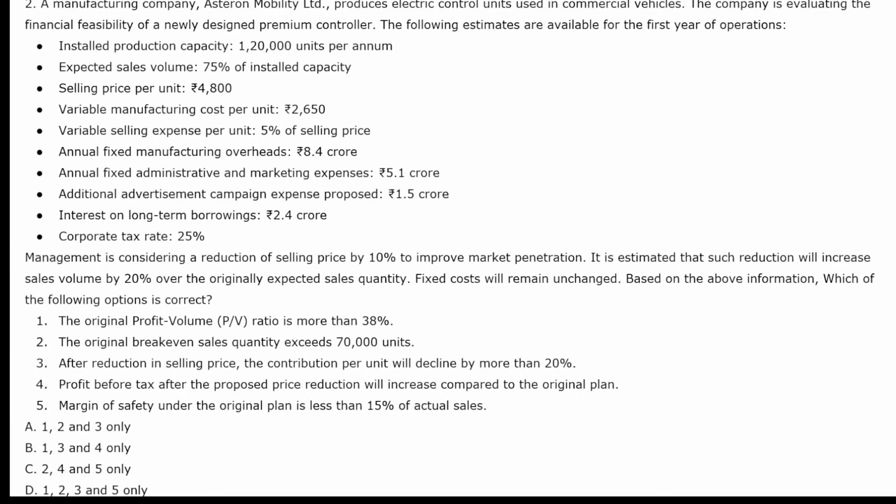A manufacturing company produces electric control units used in commercial vehicles. The company is evaluating the financial feasibility of a newly designed premium controller. The following estimates are available for the first year of operations: installed capacity, expected sales volume, selling price, variable selling expenses per unit, annual fixed manufacturing overhead, annual fixed administrative and marketing expense, additional advertisements, interest on long-term borrowings, and corporate taxes.